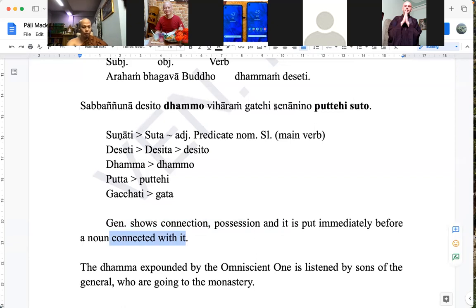So that is a fixed rule. Now Senani no Bodhi. That is why Gadehi is before the Senani no. But if we put Senani no before the Vihara, then the connection changes: the Vihara would belong to the general. The meaning changes and can be misunderstood. That is why the genitive case word is both immediately before and connected.